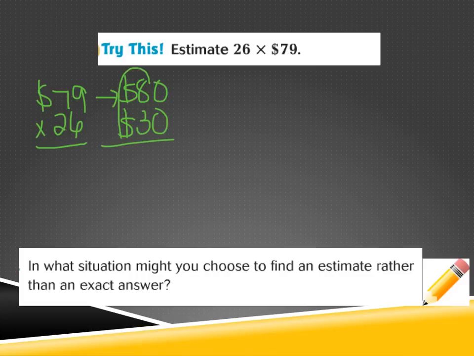Using my basic fact of 8 times 3, that's 24. Adding my 2 zeros, I get 2,400 as my estimate.